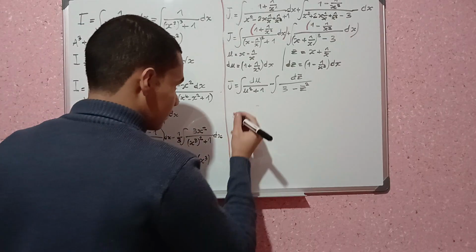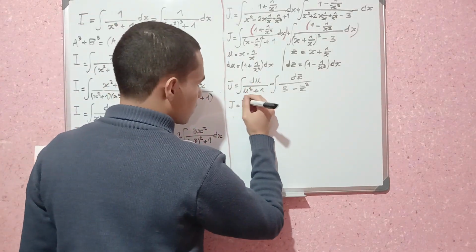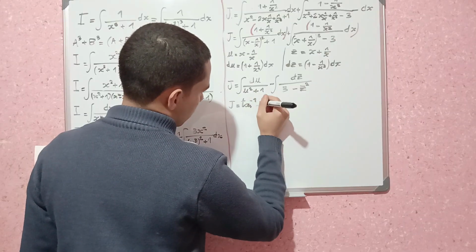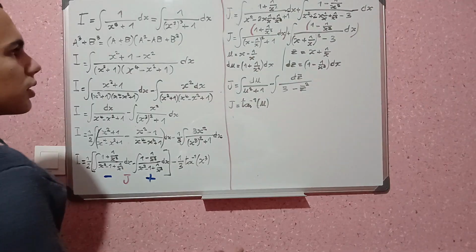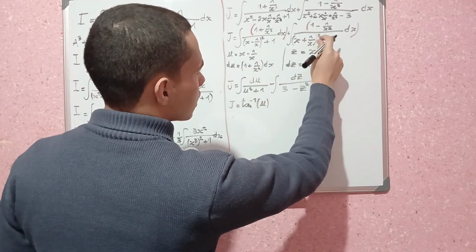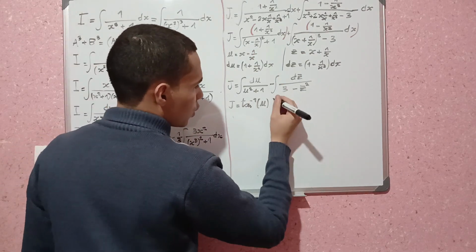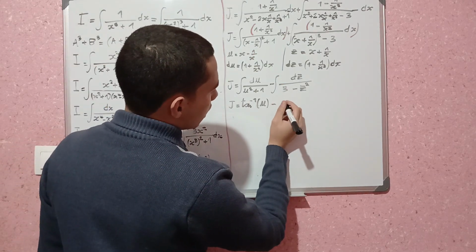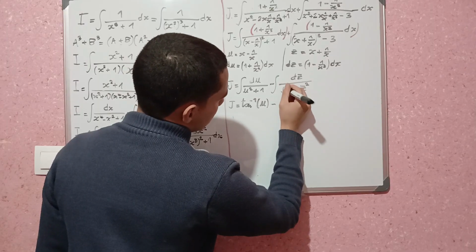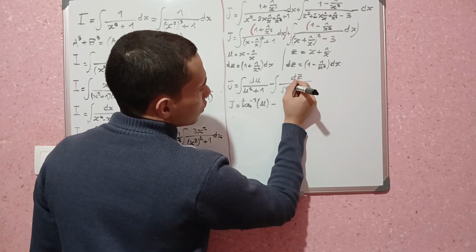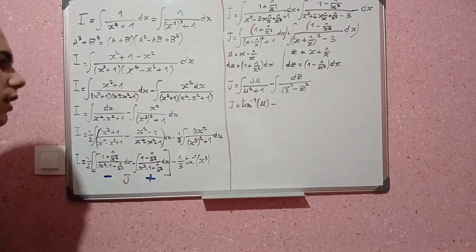Alright, this part will give us inverse tangent of u. And what is u? U is x minus 1 over x. We will replace it later. And here I would like to write square root of 3 squared, which is the same as 3.